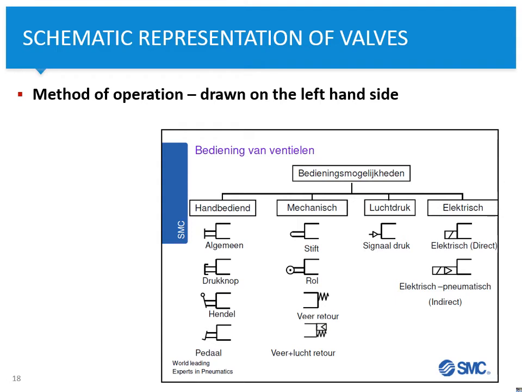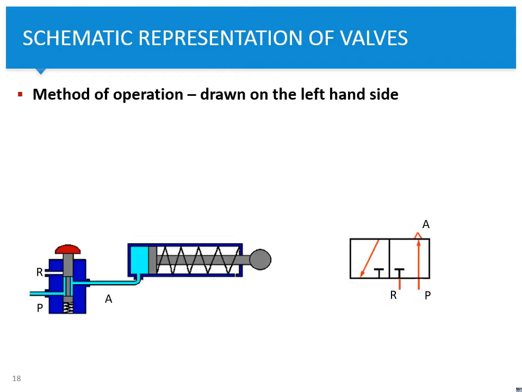Well, in our case, it's operated by a button, so the red button. We draw it on the left hand side, so we draw it like this. That's already a bit better schematic representation.